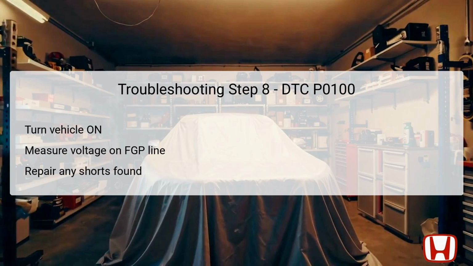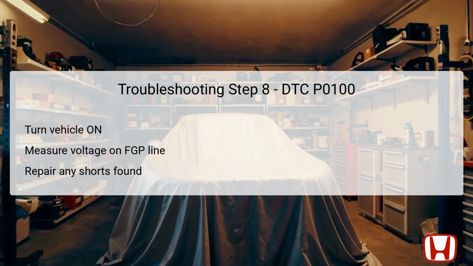In the 8th troubleshooting step, we will check for the presence of voltage on the FGP line. Set the ignition to on without starting the engine, allowing the vehicle's electronic systems to power up. Measure the voltage across test points on the FGP line, specifically between female terminal number 1 of the MAF sensor connector and body ground.